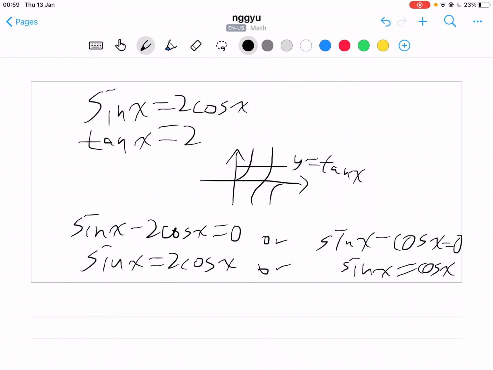So when tangent x is equal to 2, you can see there are 2 solutions right here and here. So here I marked down 2 roots.